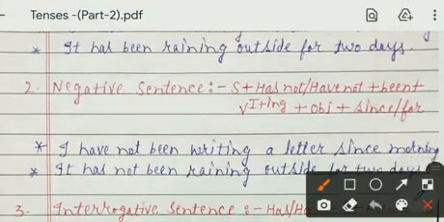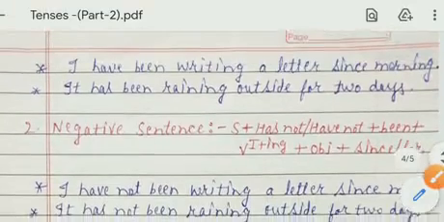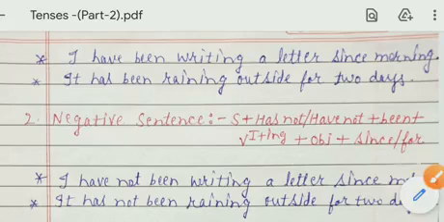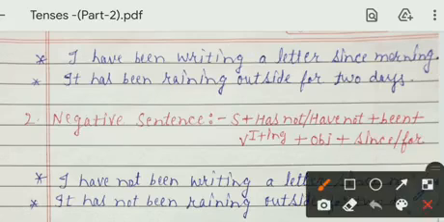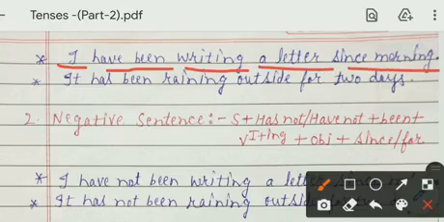Example is, I have been writing a letter since morning. Here subject, helping verb, verb first form plus ing, object, and here is the use of since and for. हम टाइम को बताने के लिए since and for का यूज़ करते हैं.